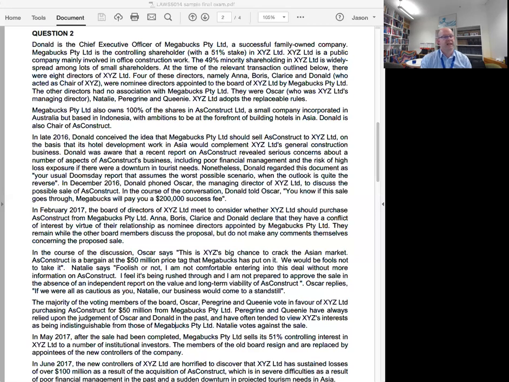But Donald disregards this document, just calls it a doomsday scenario. Donald phones Oscar, who's the managing director, to discuss the possible sale. And then he tells Oscar, if this sale goes through, Megabucks will pay you a $200,000 success fee. So there's our secret profit, secret commission for Oscar.